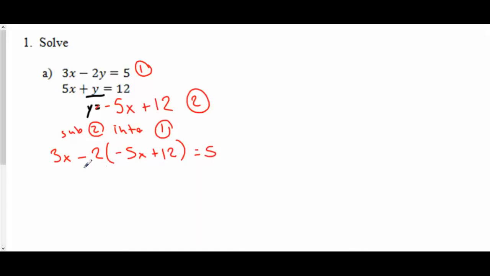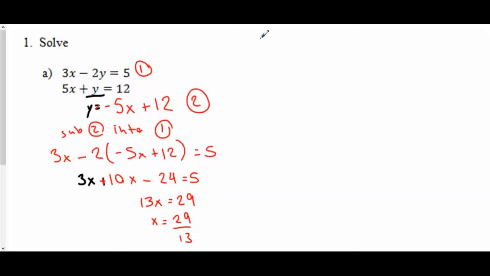Then I am going to expand this using the distributive property. So I have 3x plus 10x minus 24 equals 5. Rearranging this and collecting like terms, I end up with 13x equals 29. And with x as a fraction as my answer here, I have 29 over 13.